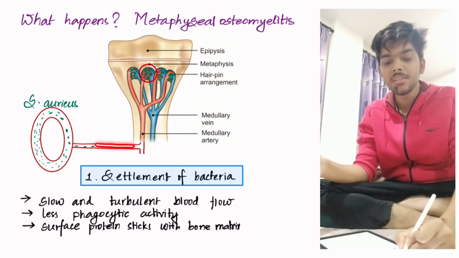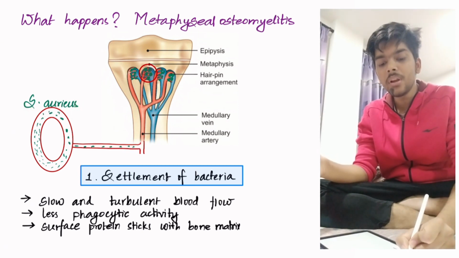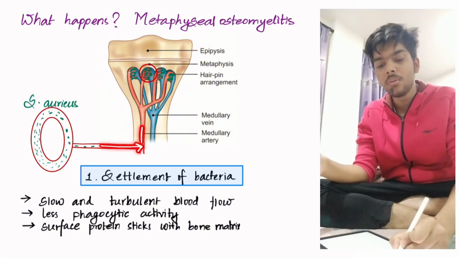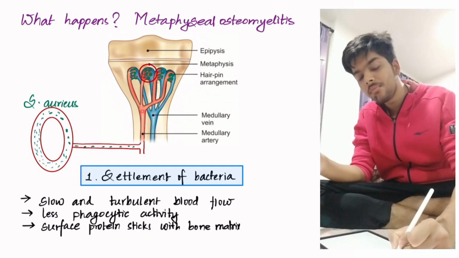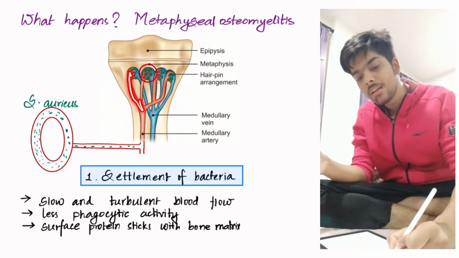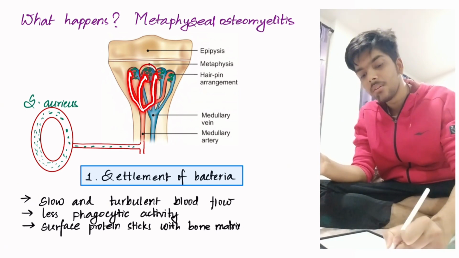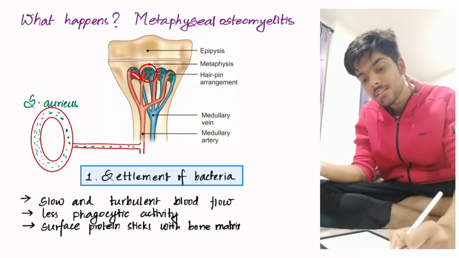Along with the blood, it is also carrying Staphylococcus aureus. The nutrient artery bifurcates into the medullary artery. The medullary artery again divides to give off many branches. These branches meet with the venous sinus.